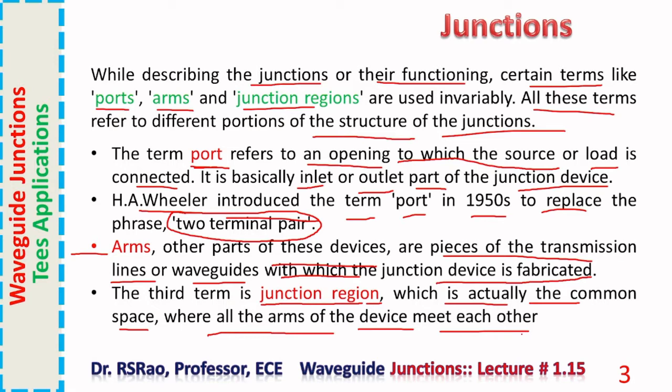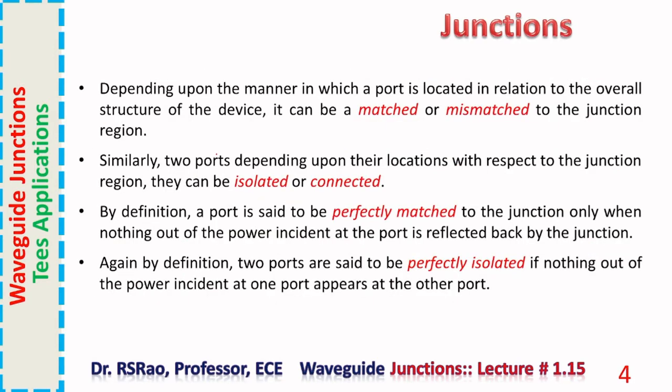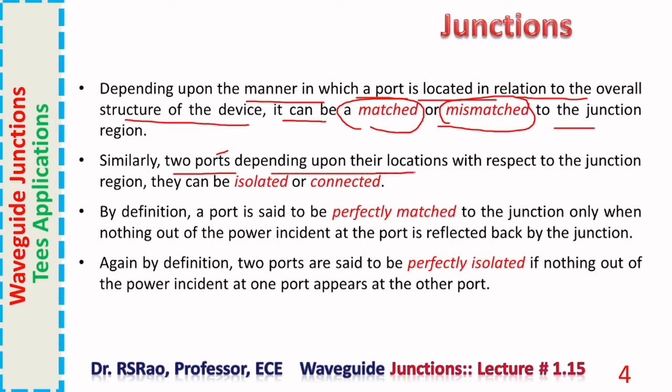Junction is the common region. Depending upon the manner in which a port is located in relation to the overall structure of the device, it can be matched or mismatched to the junction. Two ports, depending upon their locations with respect to the junction region, can be isolated or connected.